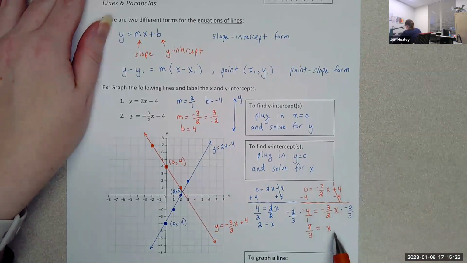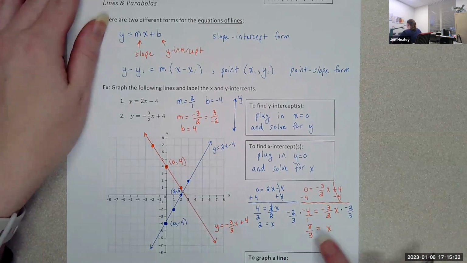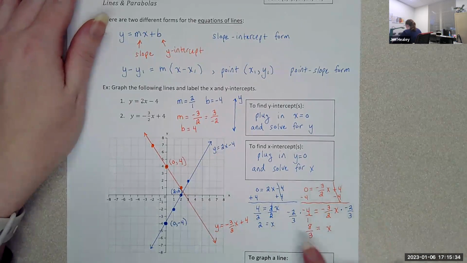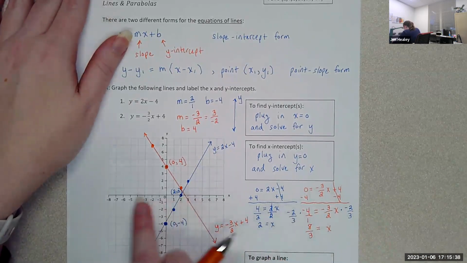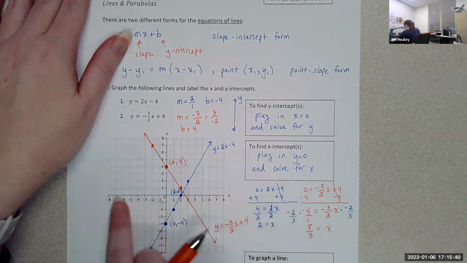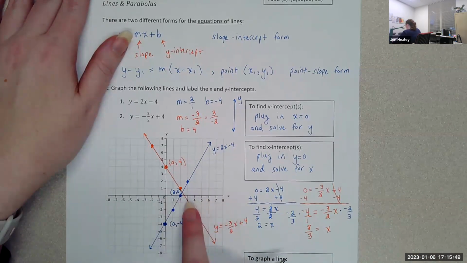So your x-intercept is 8/3, and you can go ahead and leave it as 8/3. You don't have to write it as 2 2/3. When you're in calculus classes, mixed fractions are totally fine. So you can see that it's a little bit more ambiguous by looking at this graph. If I said, hey, where is that orange line crossing on the x-axis? If you had to just eyeball it, you can't really tell.